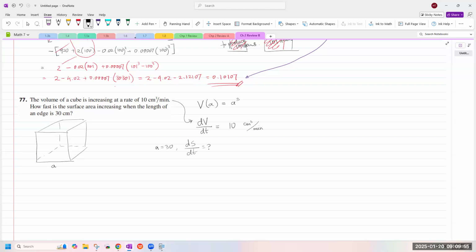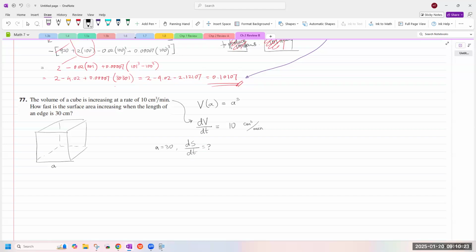Oh, that's a hard question, huh? How do we do this? Honestly, I don't see the relationship between dV and dt though. But you know what? Let's do it this way.